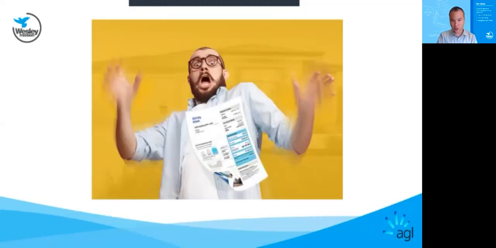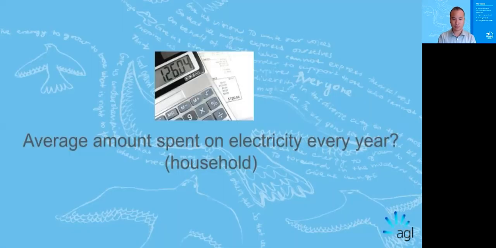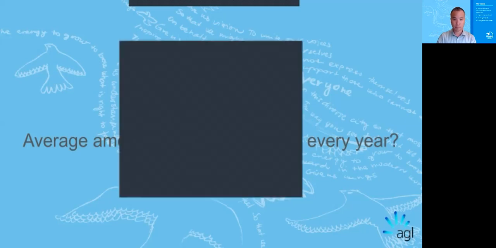And this is what bill shock looks like, when you get that bill and you just can't believe how much that amount is. I want us to think about our electricity bills. How much do you think the average Australian household spends on electricity every year? I'll put a poll up and you can let me know.